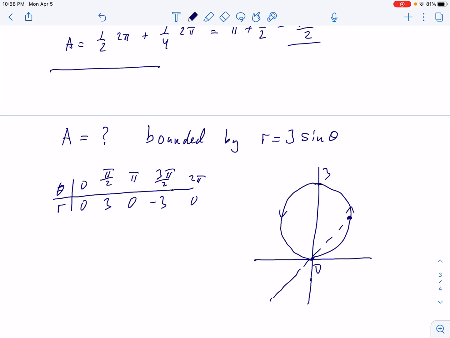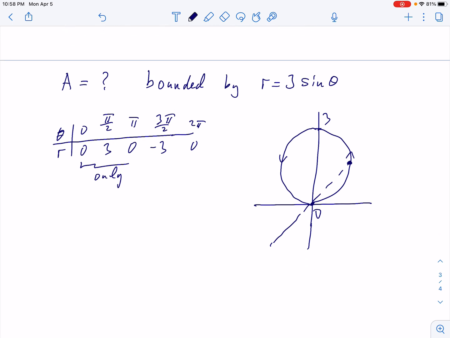So the curve will be repeated twice if you go from 0 to 2 pi. We don't want to trace it twice because then we get twice the area if you put such limit 0 to 2 pi. We have to go from 0 to pi only. So it's very important to understand how the curve is traced. It's traced once between 0 and pi.